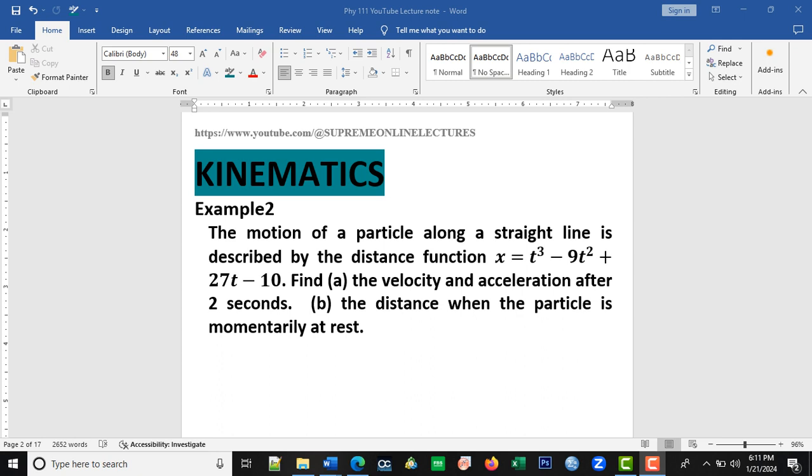Find A, the velocity and acceleration after 2 seconds, and B, the distance when the particle is momentarily at rest.